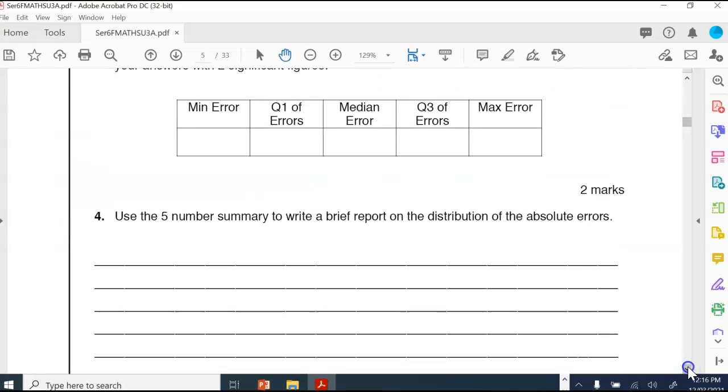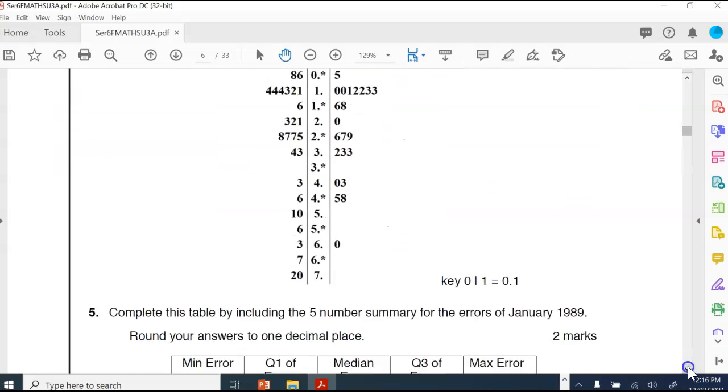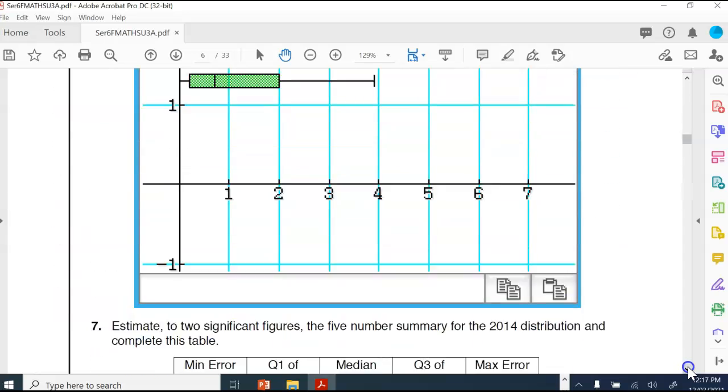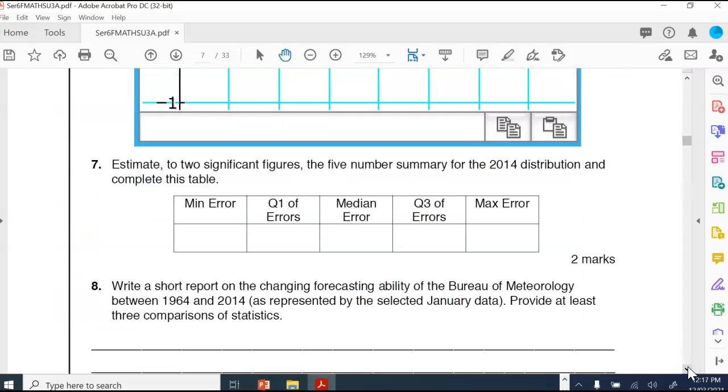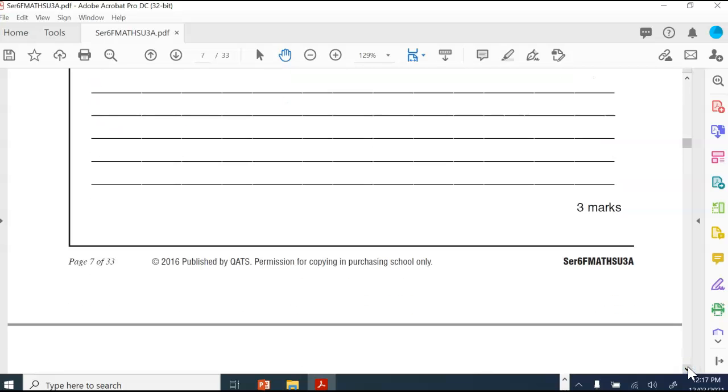Remember those things, and whenever a calculation is involved, write out the calculations, because we will give you a method mark and an answer mark. If you just write the answer, in some cases it's fine, but if you are finding, say, the upper fence, and you just write that the upper fence is 3 without the calculation, and we allocate marks for the method, then you will lose the marks because we cannot see any method.